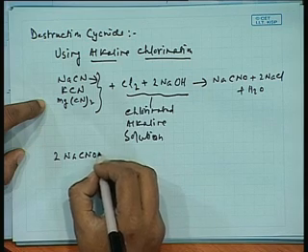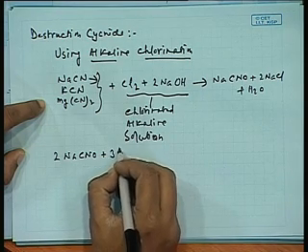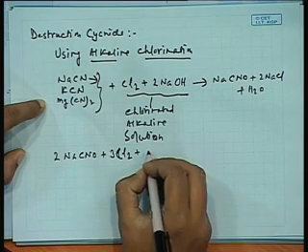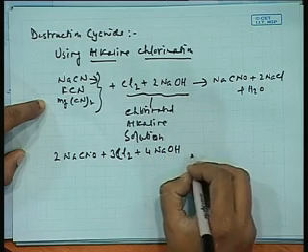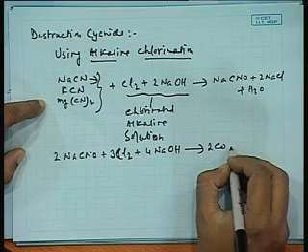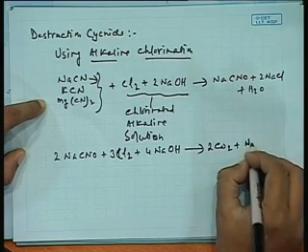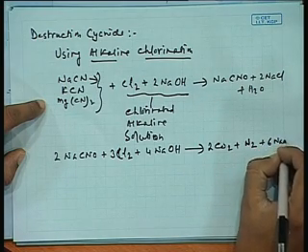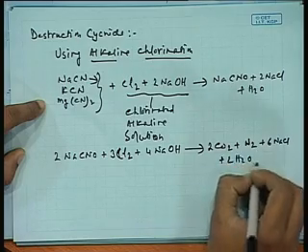This one would then be 2NaCNO, again reacting with chlorinated alkaline solution, 4NaOH, giving rise to 2CO2 plus N2 plus 6NaCl plus 2H2O.